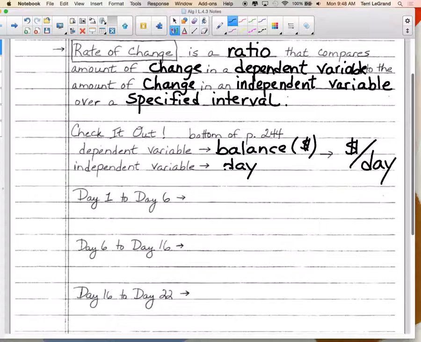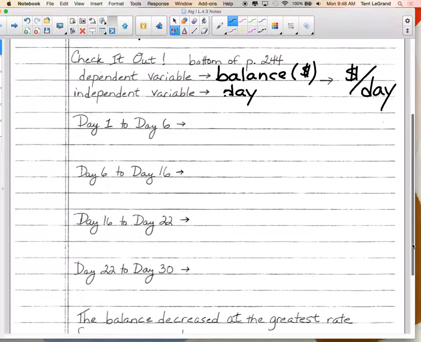Okay? So our intervals are determined by what they give us in the table. We have information for day 1, and then our next bit of information is for day 6. So we're going to start with the change in the bank balance. We're going to show our subtraction. Let's start at $550, day 1. $550, take away how much money was in the bank on day 6? $285.